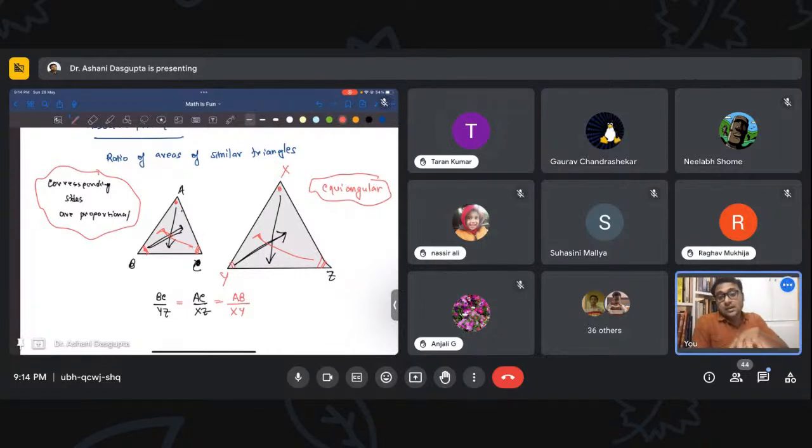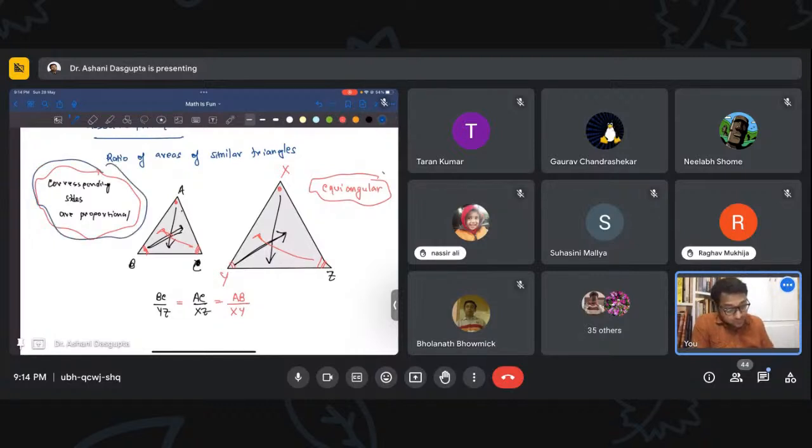Absolutely, you're right. But let me just make a remark before I move on to that point: this has been a consistent point of confusion among students of all classes. Actually, these two statements are equivalent and one can prove it.